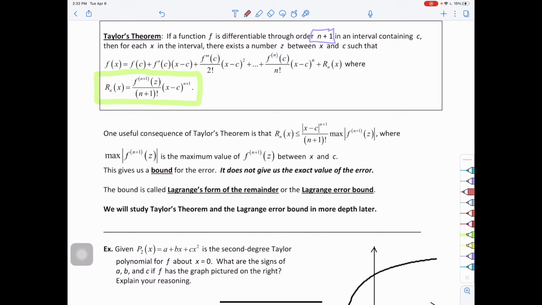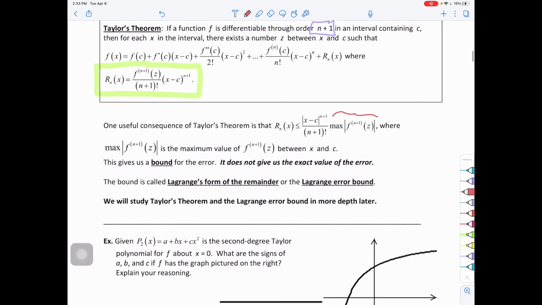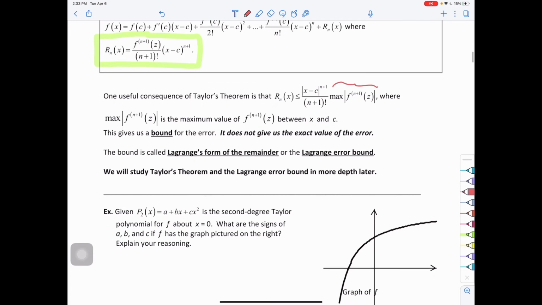One of the useful consequences of Taylor's theorem is that this remainder is less than this term here. We're going to talk more about this max term. Basically, it's the absolute value of the maximum of this function value evaluated at z, and z is somewhere between x and c.